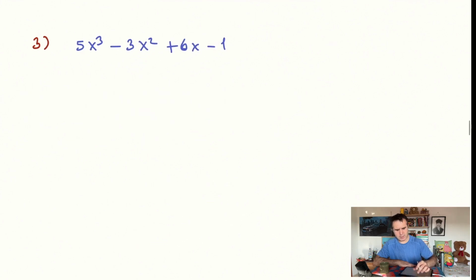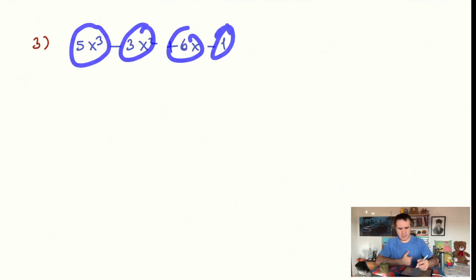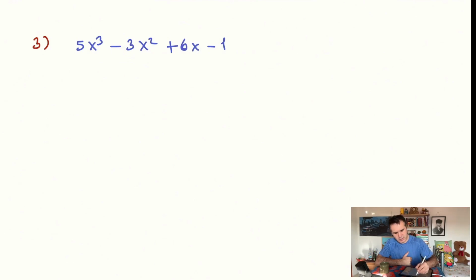Next problem is this. When taking the derivative of a polynomial function, we consider each term separately, and then we will take the derivative of 5 times x cubed, and we have a constant here. Constant doesn't change how the derivative works, so we will write 5 here. Then take the exponent here as coefficient, 3 times, and subtract 1 from the exponent. And again, minus 3 is a constant.